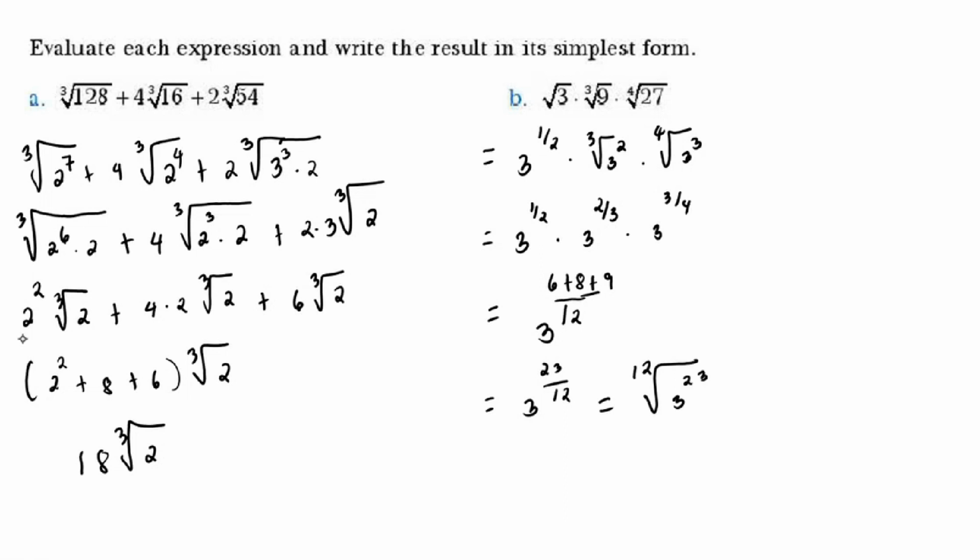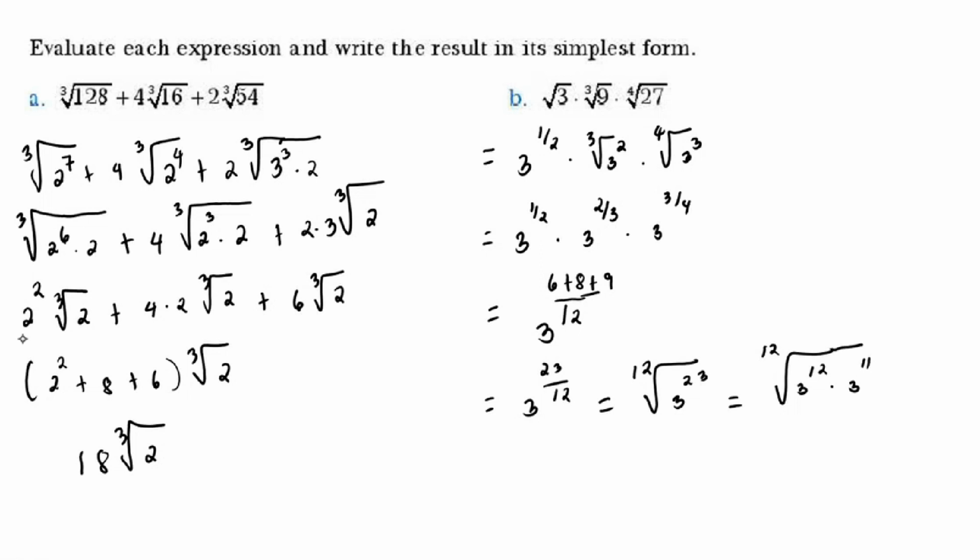But the exponent here is greater than the value of n or the index. So therefore, there is a perfect nth root for that. If I subtract 23 minus 12, the remaining exponent is 11. So I can write here the 12th root of 3 to the power of 12 times 3 to the power of 11, whose sum of the exponents will become 23.